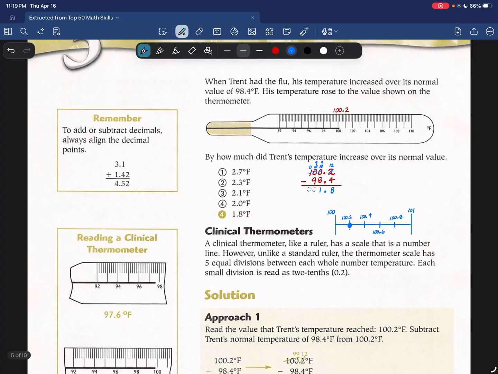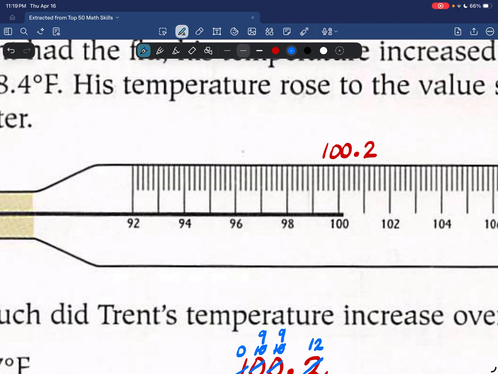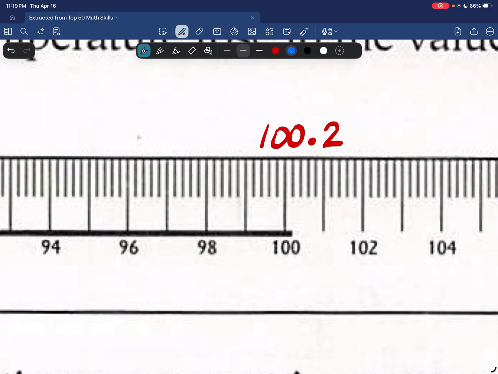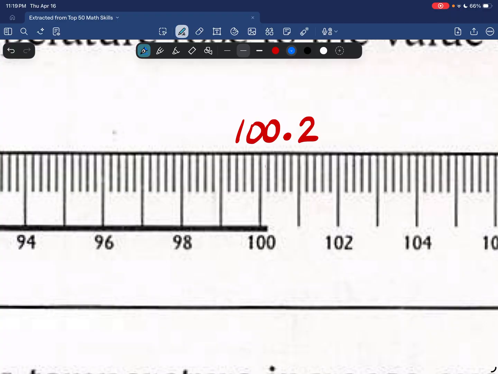So here's what they're saying. If you find 98.4, which is his normal, that is right here, and you go all the way up to here. So you're covering that interval. Let me get a little bit smaller there.